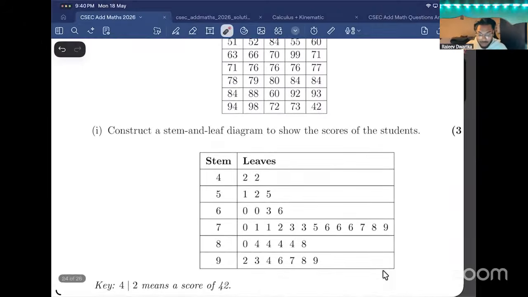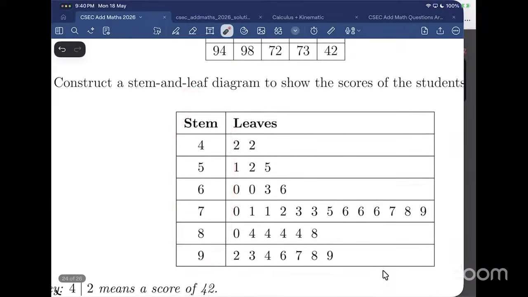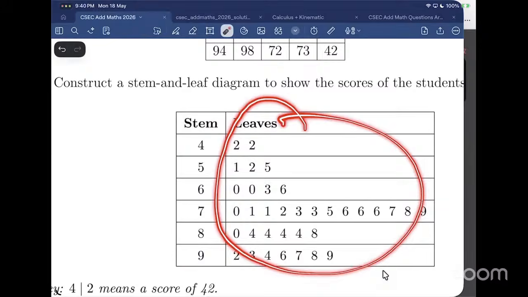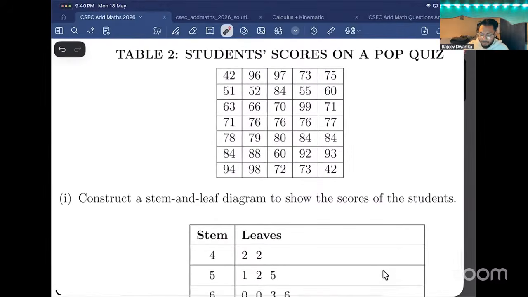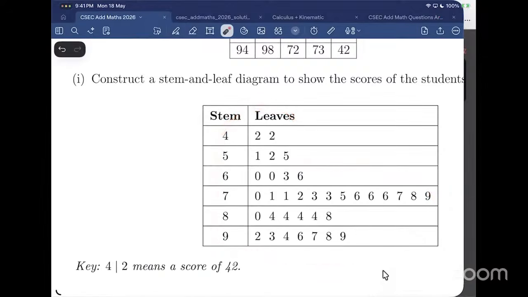Now, in a stem and leaf diagram, your stem comprises the tens part, and your leaf corresponds to the ones part. You would arrange the data in what order? Ascending or descending?